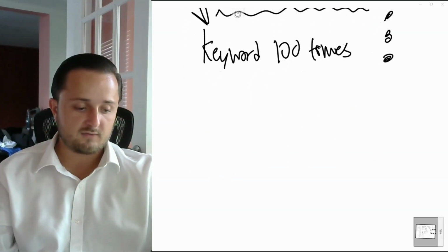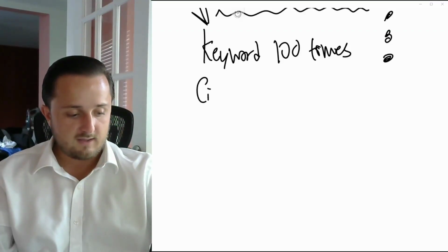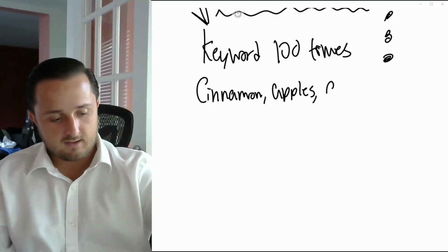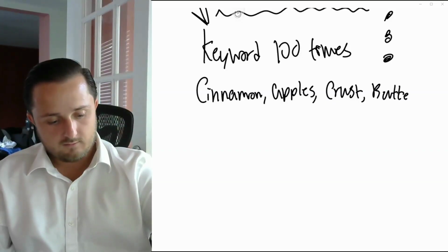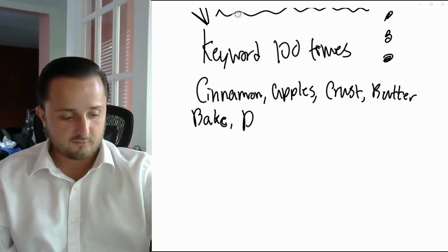Another thing to think about is if I were to talk about something that had cinnamon, it also had apples, it had crust, it had butter, you had to bake it and then it's a dessert.